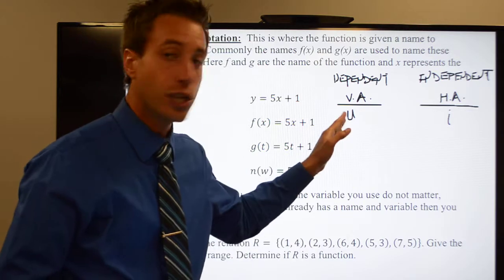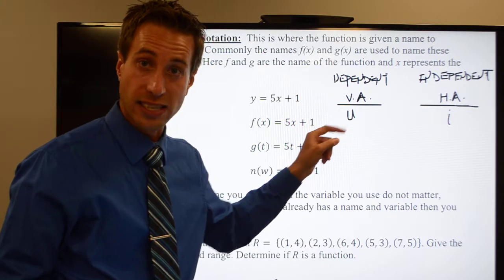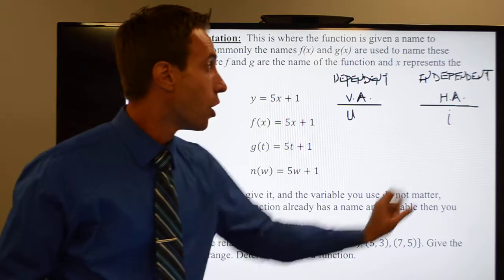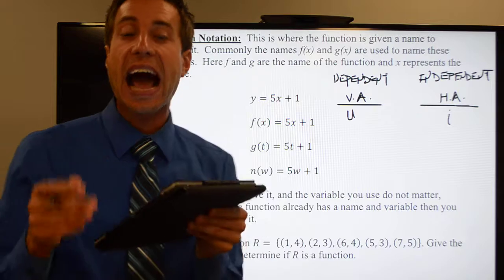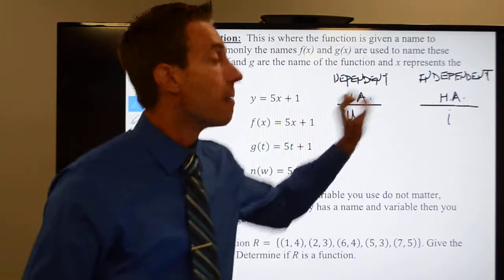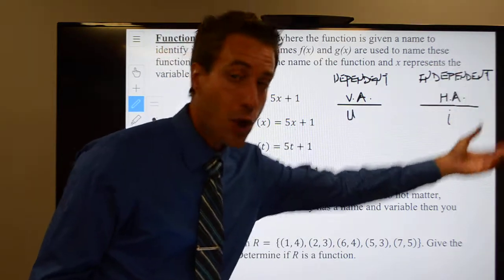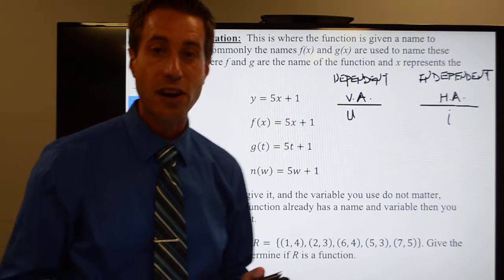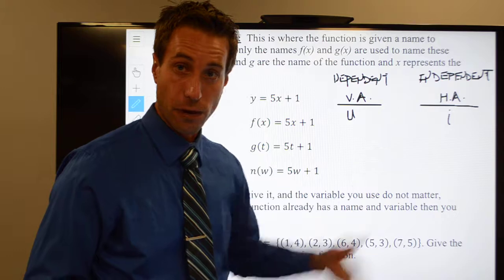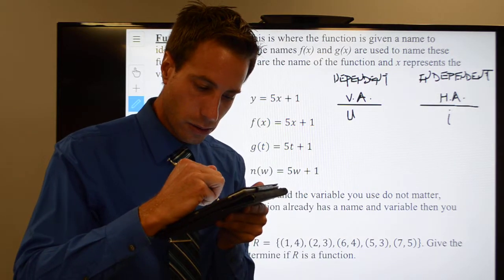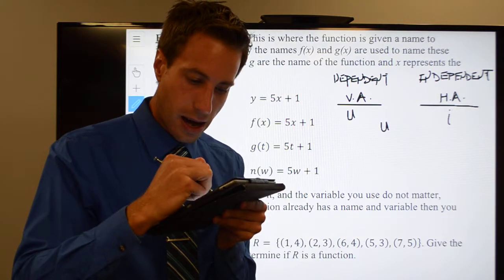But because u, the vertical axis, depends on what happens with the horizontal axis, I have to include my independent variable with my dependent variable. And so the name we're going to give the function is the vertical axis u of I.